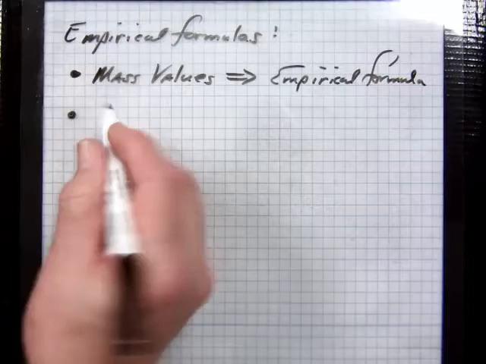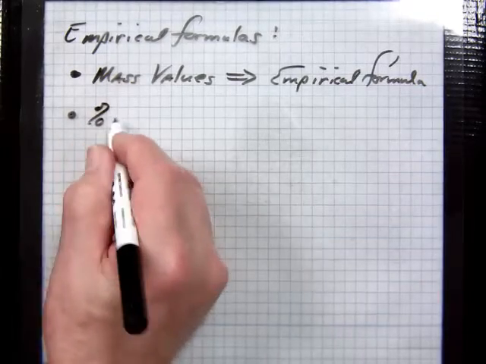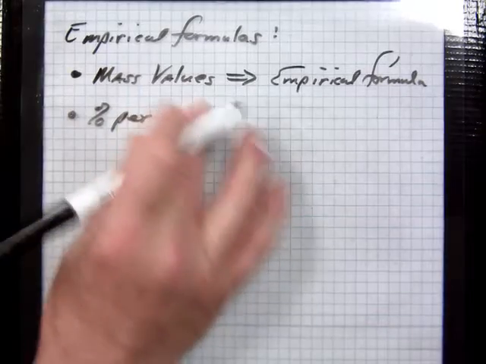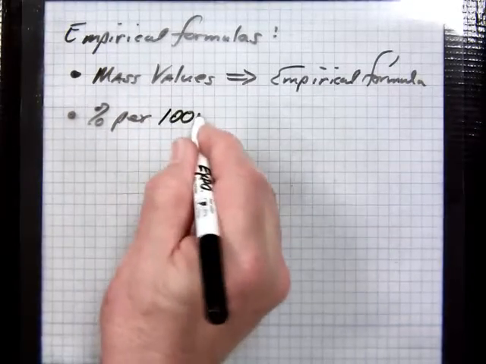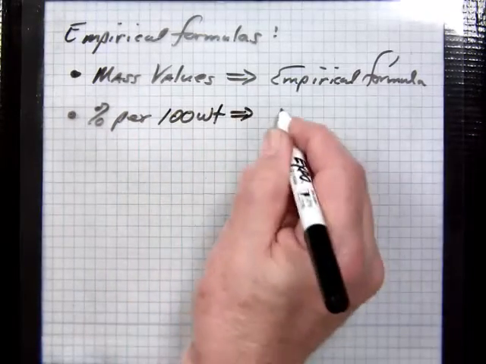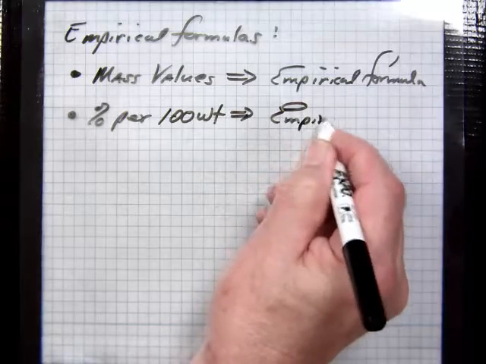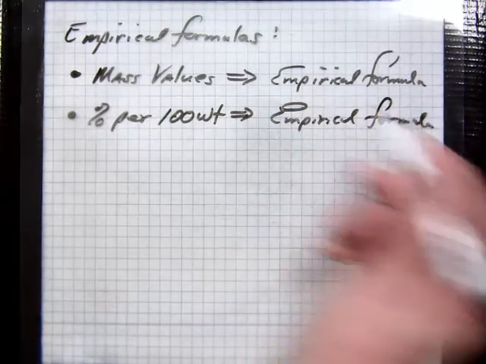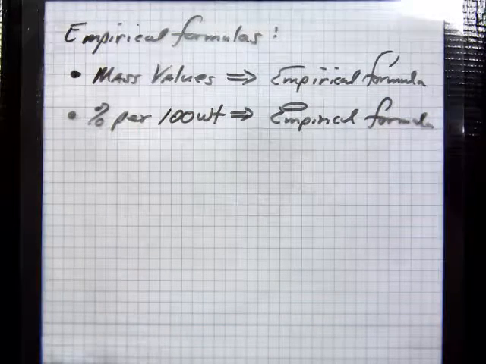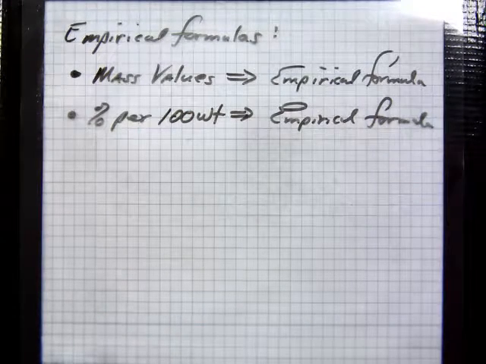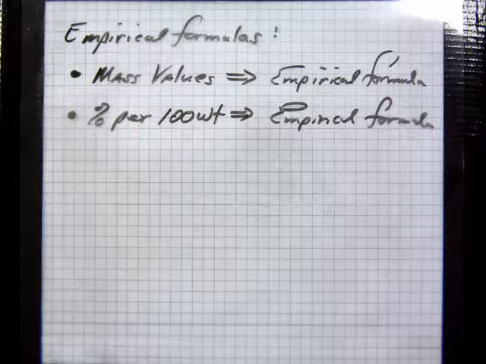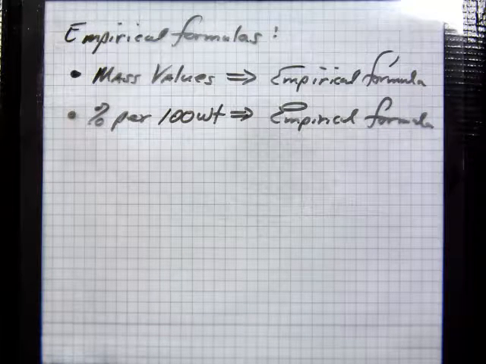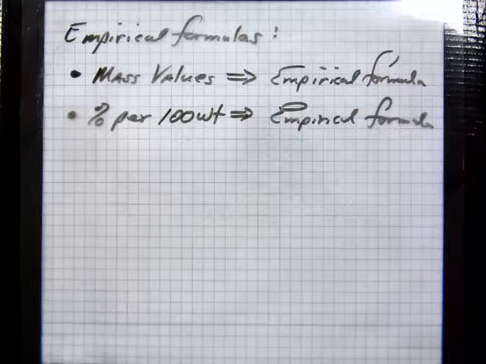Or problems will come to you as percent per hundredweight, and from there you get an empirical formula. The essence of this calculation is to work really from the percent per hundredweight that will lead you systematically to the empirical formula.